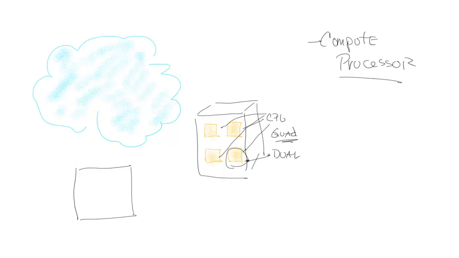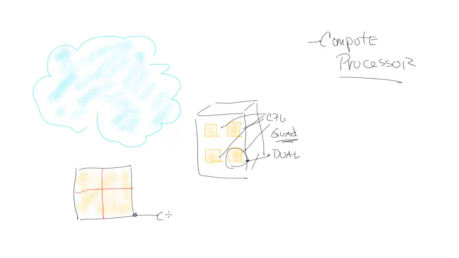So again, we're going to draw out here on the screen the physical CPU. All right, so gold, right? And within there, we're going to have cores. And let's draw that out with maybe red here. And so we're going to have four cores within here. So this again is the CPU right here.